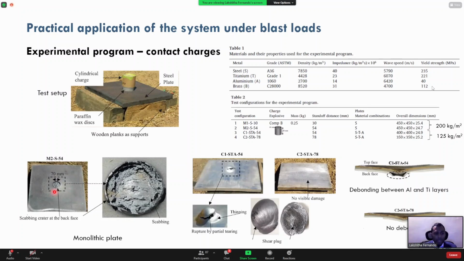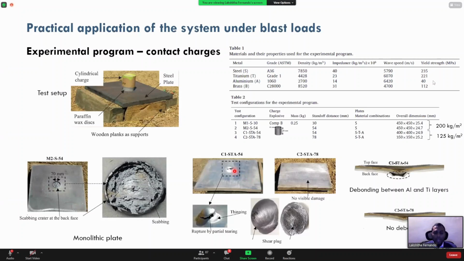Now I explained what scabbing is earlier. This is where, because of tensile failures, material can get ejected out of the system at the back face. So we saw that there's scabbing if there was only steel, that's the monolithic plate. But when we combined it, in the combined system with multi-materials, we didn't really see that.